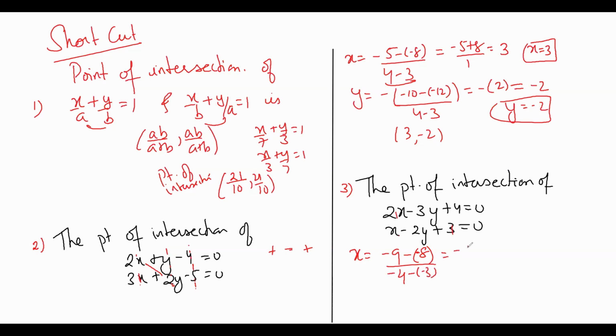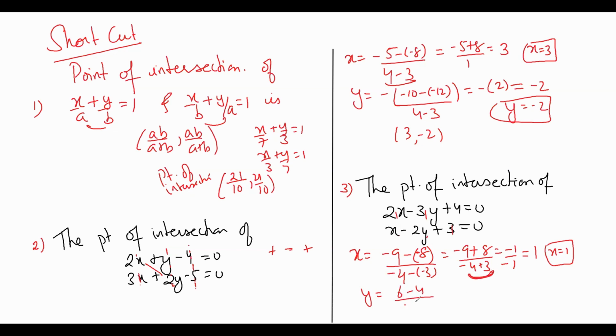What is the x coordinate of the point of intersection? We get from here minus 1 upon minus 1. My answer is 1. So the x coordinate comes out to be 1. Now for the y coordinate, we cancel the column containing y, and the rest is cross multiplication, 6 and minus 4, and in the denominator you get the same term.